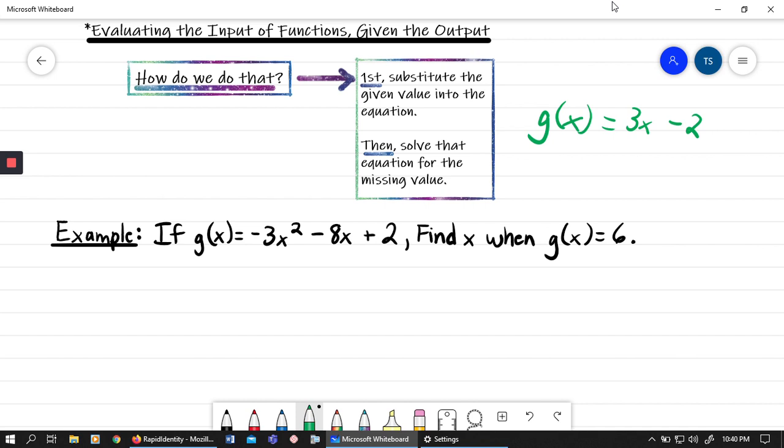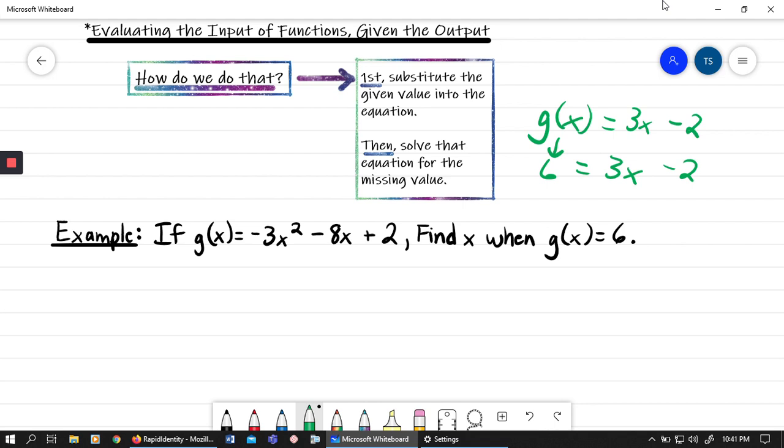Let me just go through that real quick, right? So if that was the equation instead of what I've given you, and I'm going to erase this afterwards, just to show you how easy that would be. If g of x was 3x minus 2, all you would have to do is literally substitute that value 6 in the place of g of x, right? 6 equals this right here.